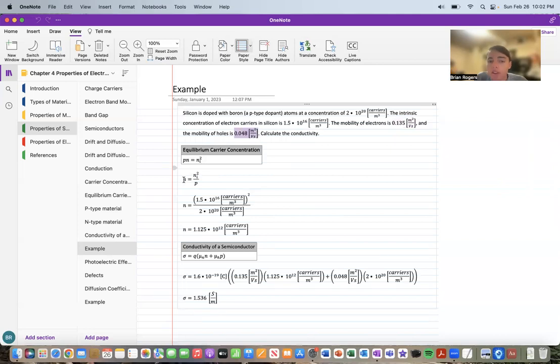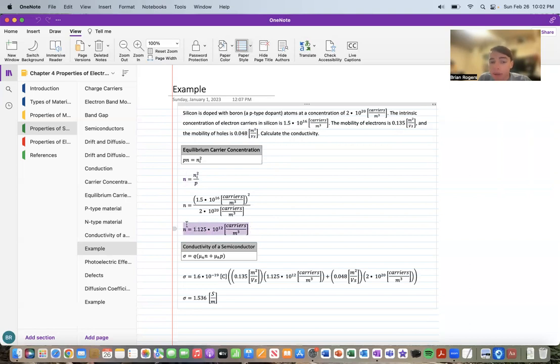So remember how I talked about this: we know the intrinsic concentration and we know the amount of holes. So what we can do is take that intrinsic concentration, square it, and divide it by the number of holes in order to find out how many electrons we have.